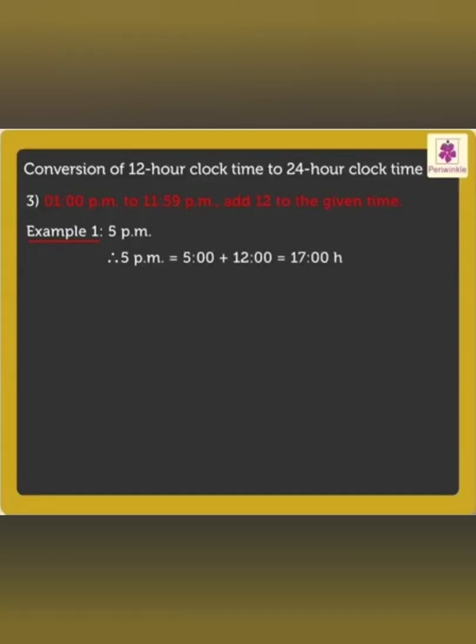We write it as 17:00H and we read it as 1700 hours. 9:35 p.m. will be equal to 9:35 plus 12 is equal to 2135 hours.